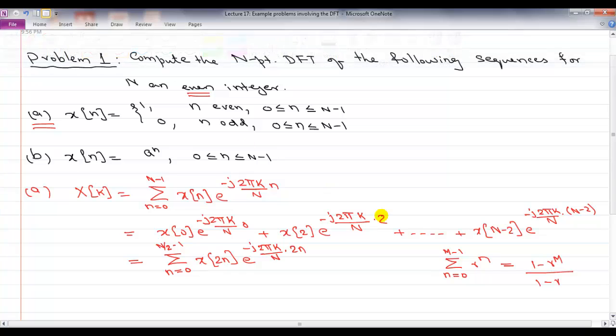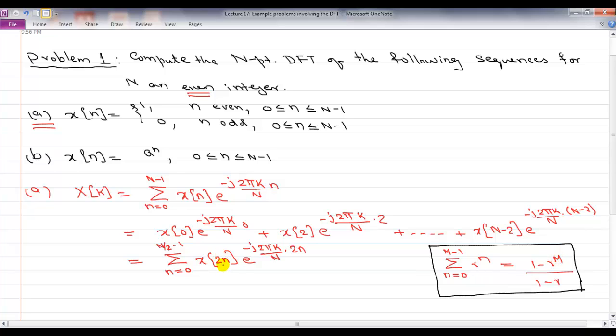This is a formula that we have seen many times. It is true as long as 1 minus r to the m and 1 minus r are not simultaneously 0, otherwise you are doing 0 divided by 0, which doesn't make any sense. So we have to be a little bit careful about those kinds of terms. Other than that, we can just use this summation formula.